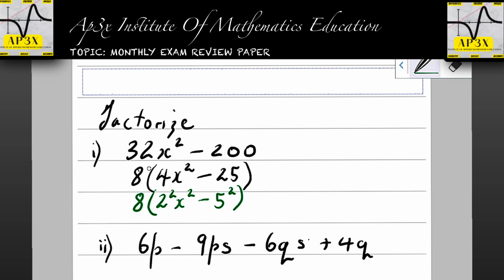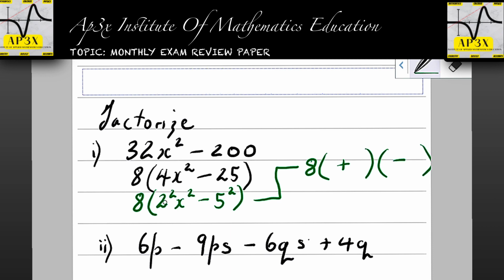Now it's a difference of two squares, so we have to find the value that converts all of these terms to a power of 2. Once we're successful in getting that done, the rule is that we open up two pairs of brackets, with plus in one bracket and minus in the other bracket.